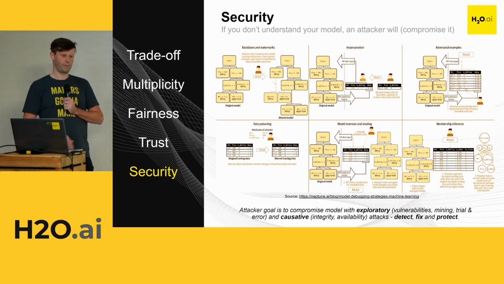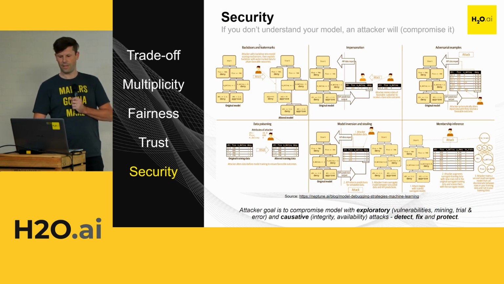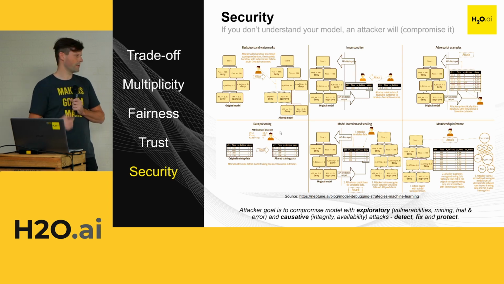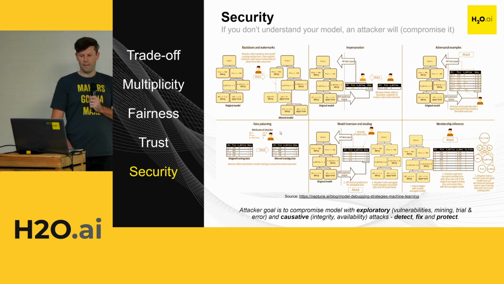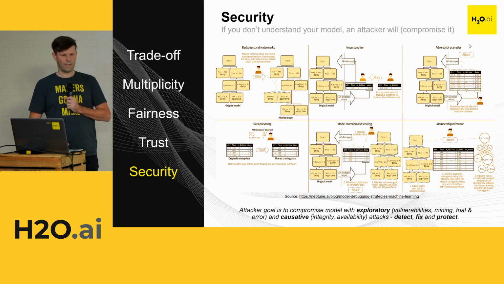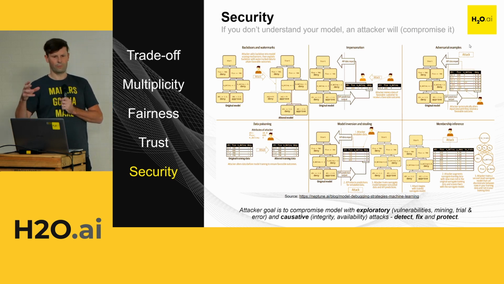There may be an attacker, and I mention here backdoors, watermarks, data poisoning, and similar methods. On the other hand, you can analyze the model when it's ready. Here I have, for instance, adversarial examples, where you are trying to find out the sensitivity of the model, whether there are predictions which can be easily flipped, how stable the model is, and many other aspects. So this is also where explainability may help.